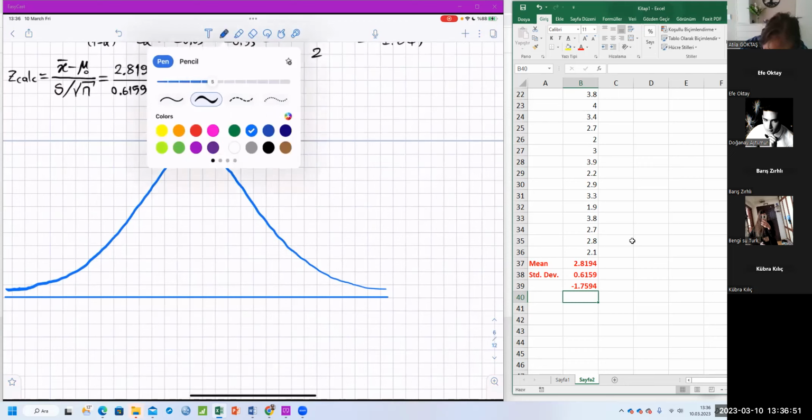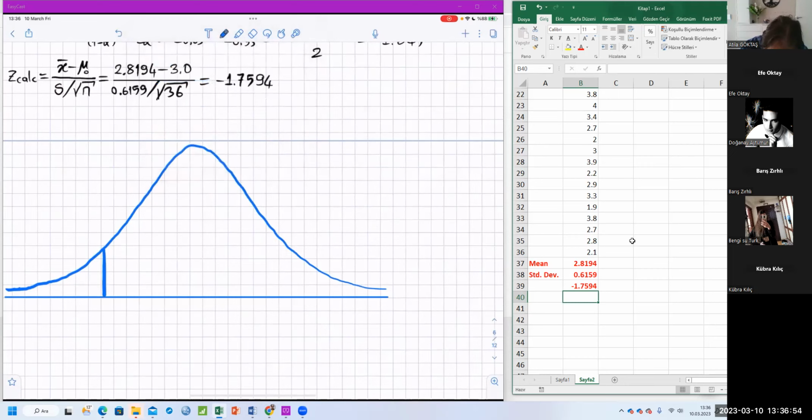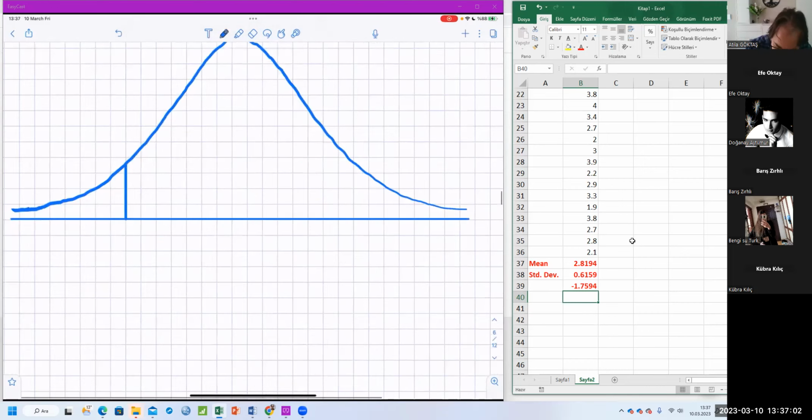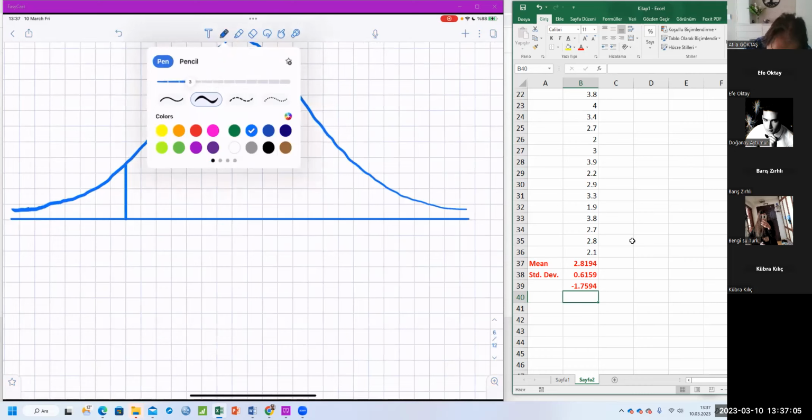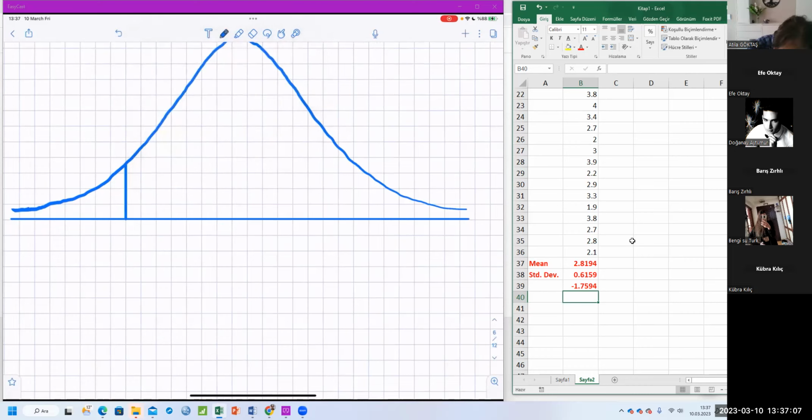All right, this is the left region, the reject region. This is 0.05, and this is minus 1.645, the critical value.